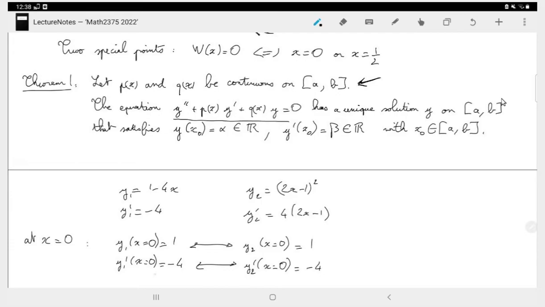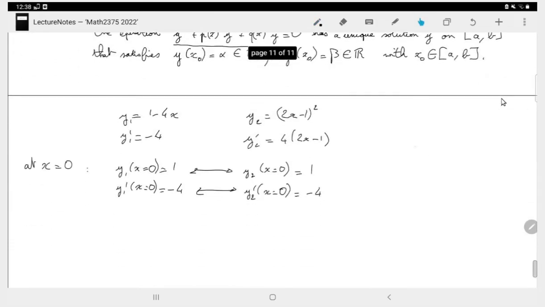And you can see here that the set of boundary conditions is shared between y1 and y2. Therefore, there isn't a unique solution to this equation that satisfies this. And as a consequence, for these two functions to be solutions of that equation, p and q have to be discontinuous.